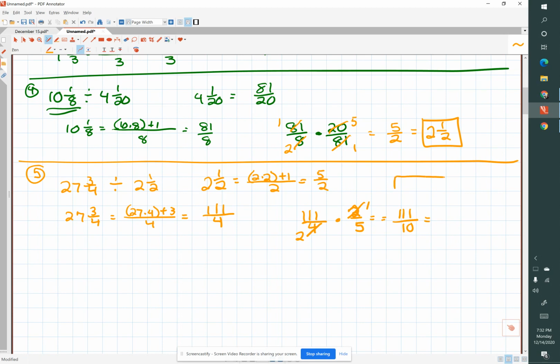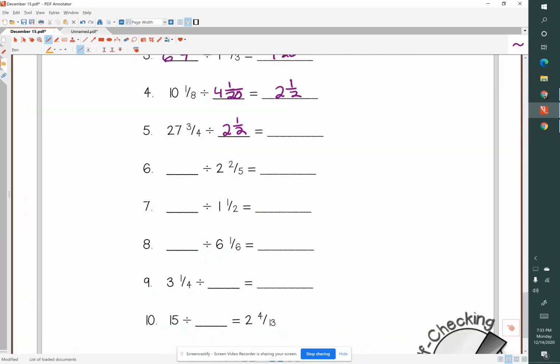We can simplify that. We'll divide 111 by 10. That would be 1 with 1 left over. So it looks like 11 and 1/10. So let's put that on our paper.